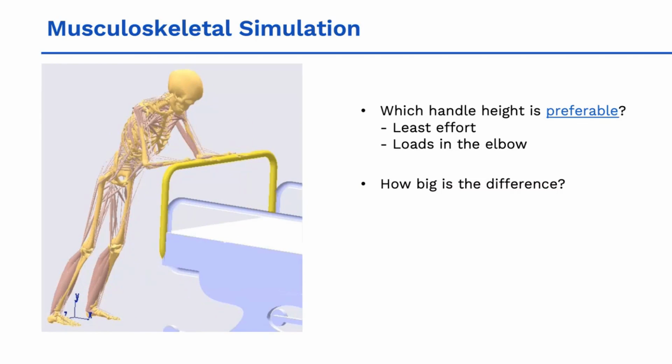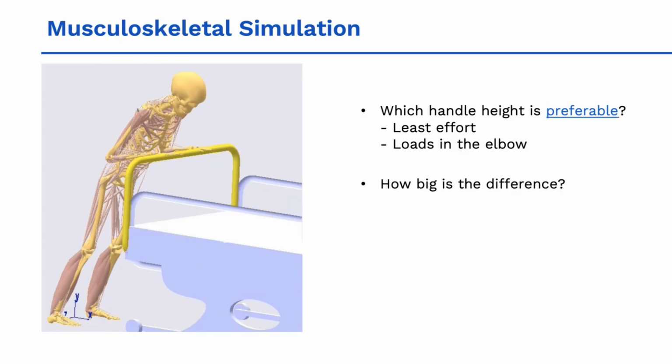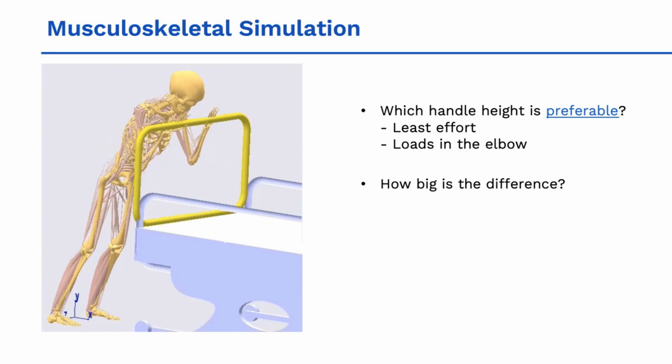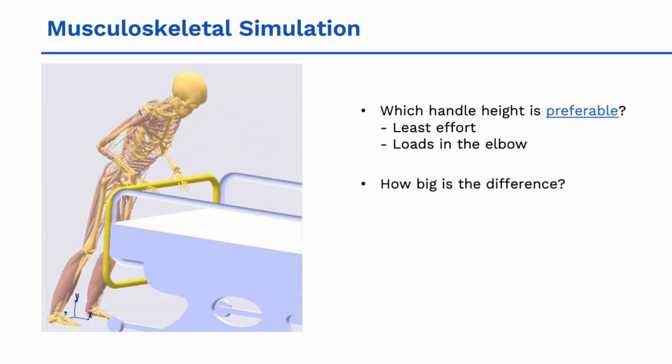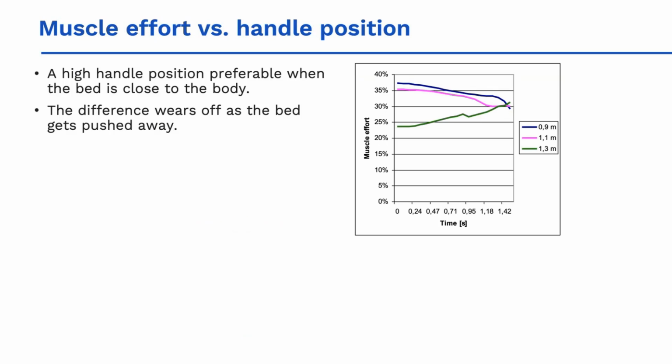So with musculoskeletal models, what you would get out of these simulations is specific, quantitative, not qualitative, data. And the answer here is that 0.9 meters is the lowest position. So if you're pushing the bed at 0.9 meter height, then you're doing the most muscular activity.